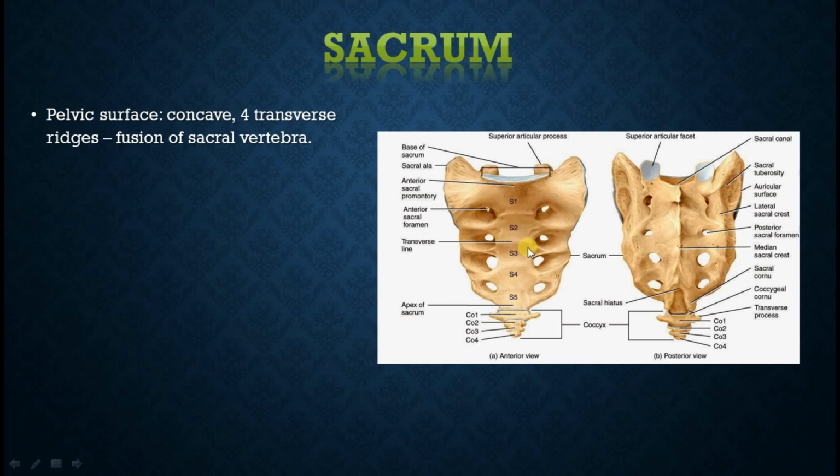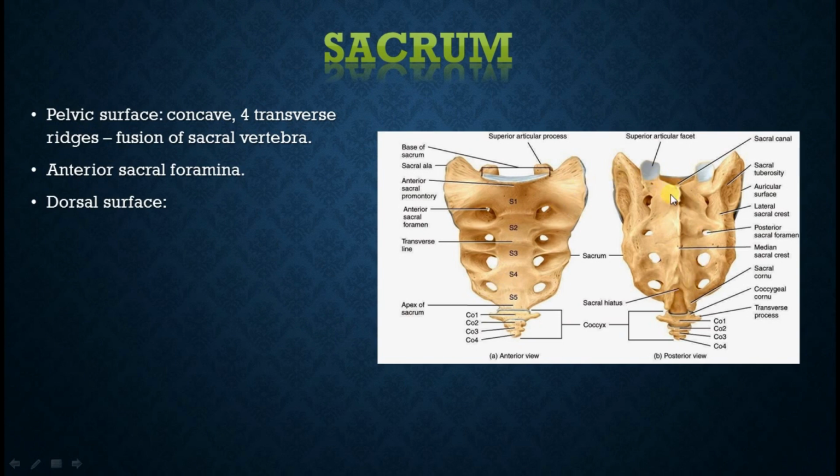In the midline you see 4 ridges, which are the lines of fusion of the 5 sacral vertebrae. This is the anterior sacral foramina, through which the ventral divisions of the sacral spinal nerves will come out.